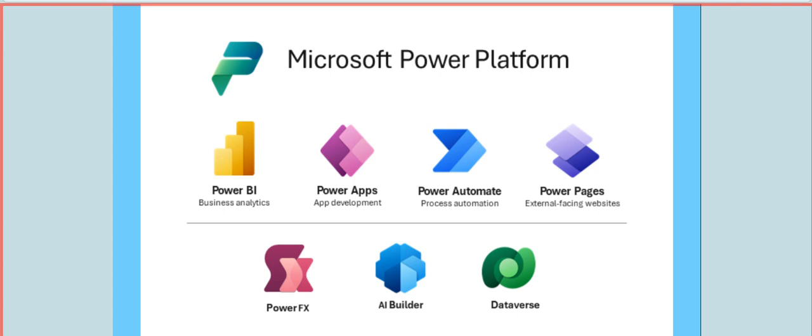Now, under Power Automate, we have different types of flows. We have the desktop flow, and we have the robotic process automations, and then we also have the cloud flows. So for the robotic process automation, very fancy name, right?